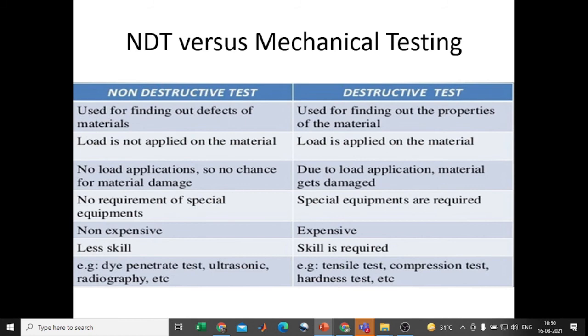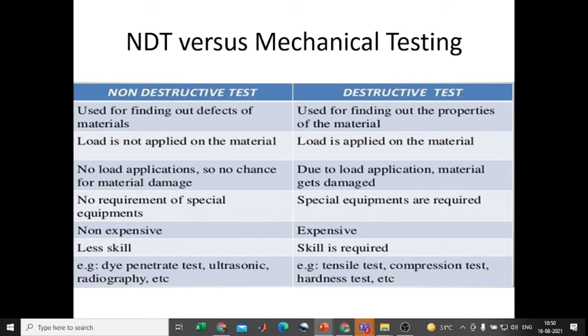And examples of non-destructive testing methods I have already told you: visual inspection with or without aid, and also liquid penetrant testing, magnetic particle testing, radiography testing, ultrasonic testing, eddy current testing, acoustic emission testing. Those are examples of non-destructive testing. For destructive testing, you have already conducted a lot of experiments in the strength of materials laboratory.